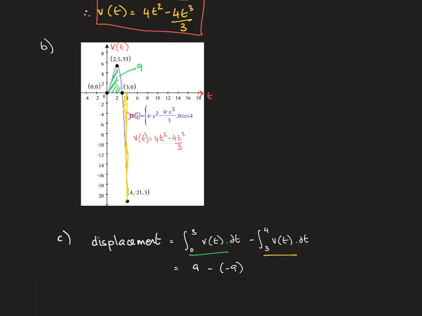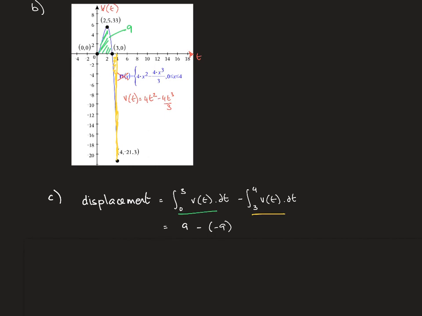And so our total area ends up being 18. And our units for displacement, because our units for acceleration were meters per second squared, the distance units or the displacement units are meters, and so our displacement answer will be in meters.